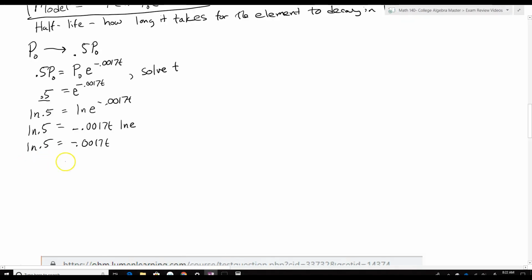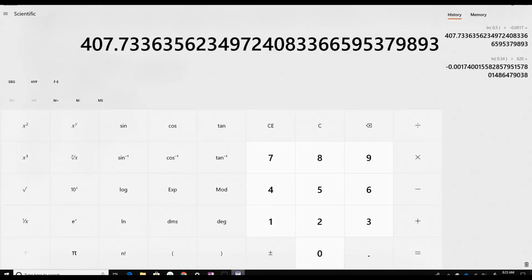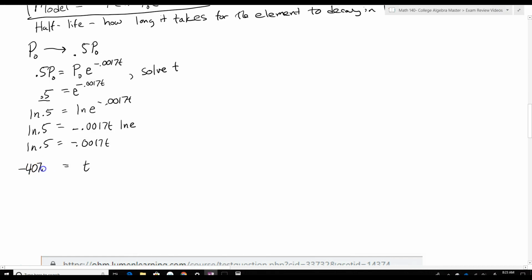So t will equal 407.734, or approximately 408 days. Okay, so that's the first question.